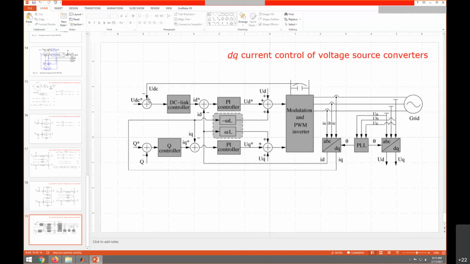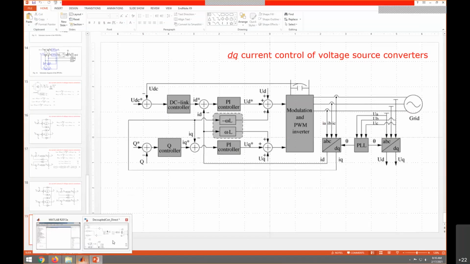To obtain ID star, we measure the actual voltage across the DC side and compare it with the reference DC voltage, or we compare the actual active power with the reference active power. That also gives you this ID star.